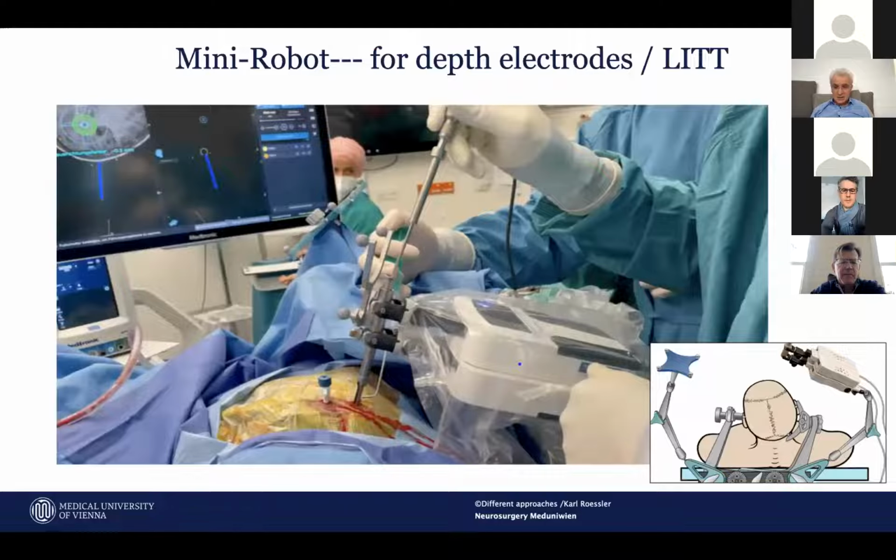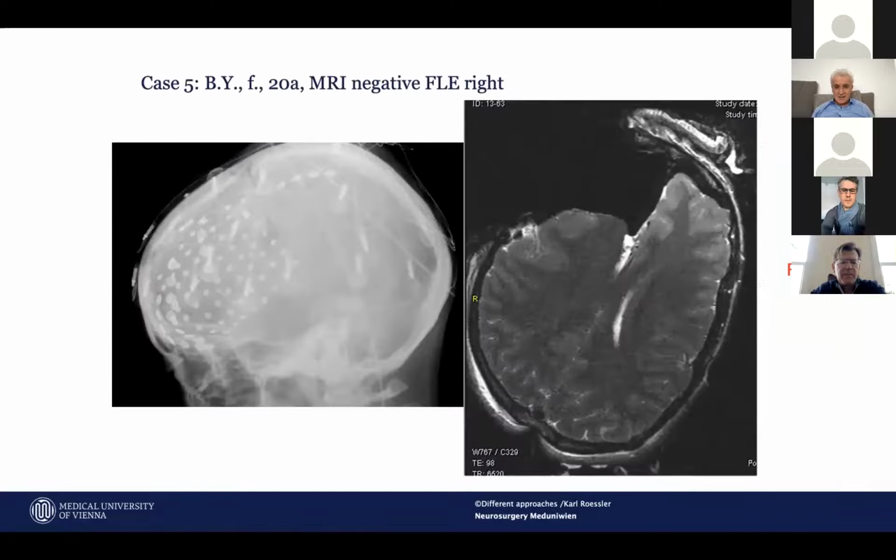And in the OR, we also use this mini robot to get these depth electrodes into place. And despite that, we are sometimes obliged to do these large resections.